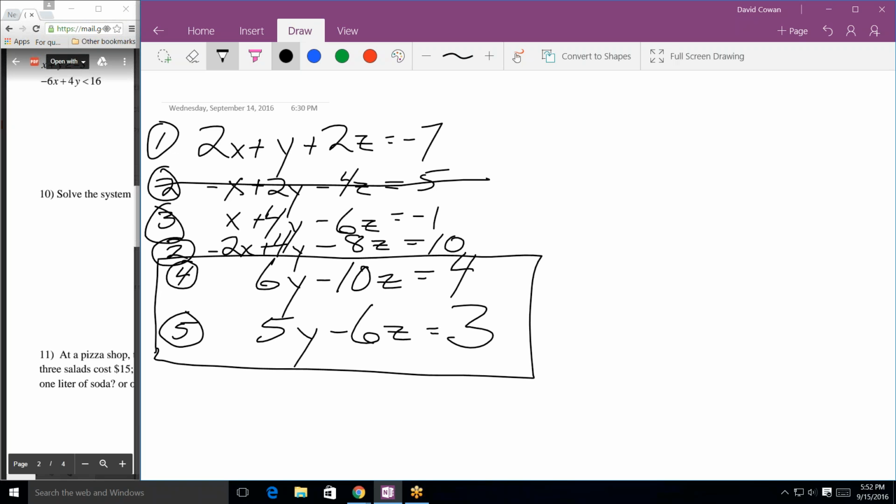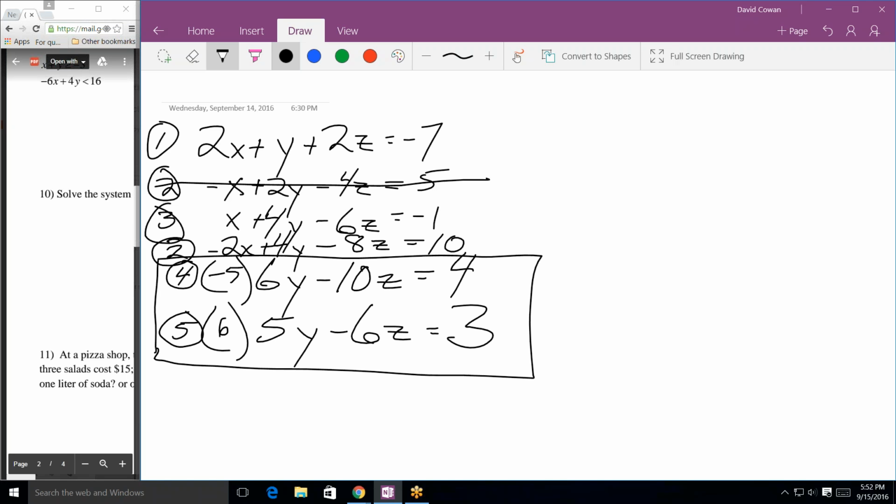Okay? In other words, for me to eliminate y, what if I multiply equation 5 by 6 and I multiply equation 4 by minus 5?